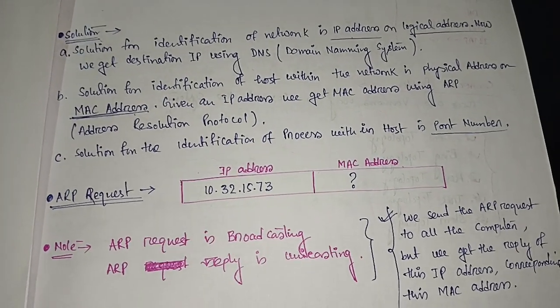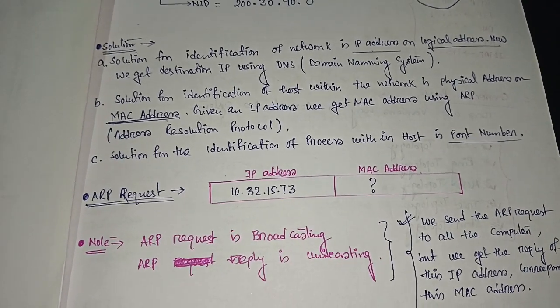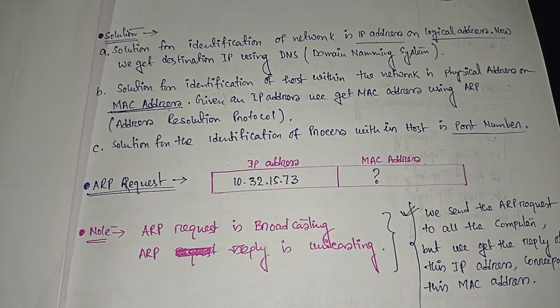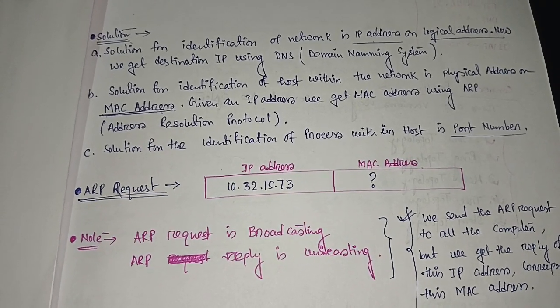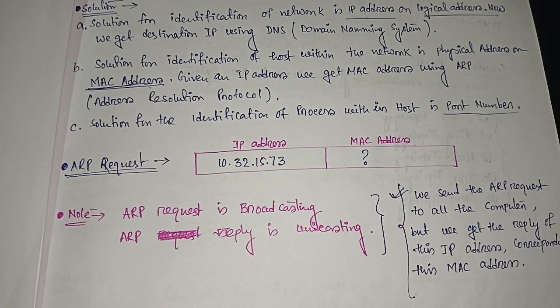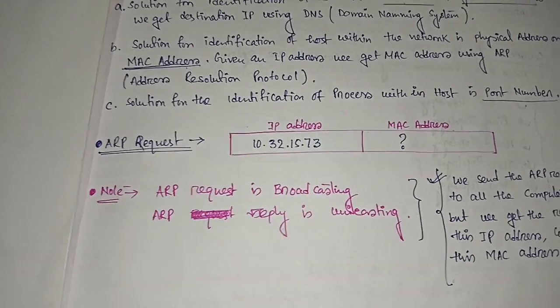The solution for the host ID within the network is the physical address or MAC address. To get the MAC address, we send an ARP request, the address resolution protocol, and we get the MAC address of the system. For identifying the process within the host, we use the port number. For the ARP request, we send it to all the computers connected within the network, and the computer that belongs to this address replies back. So the ARP request is broadcast, but the ARP reply is unicast.